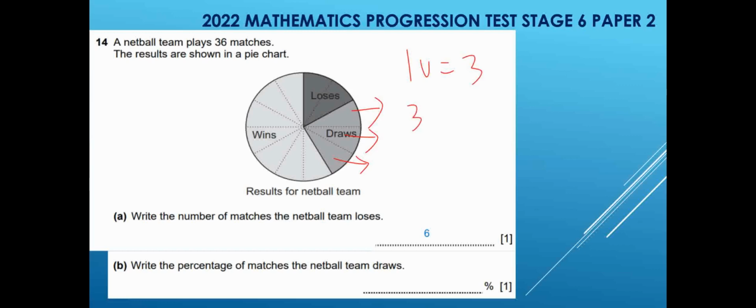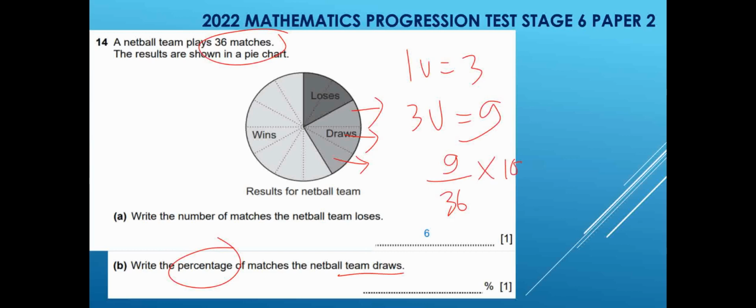So 3 units of the team draws is 3 times 3 is 9. But they ask about percentage, so the percentage will be 9 over the total matches, 36, times 100%. 9 over 36 simplifies into 1 over 4, and 100 divided by 4 is 25%. That should be our answer, 25%.